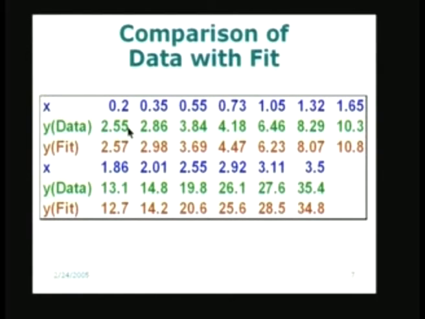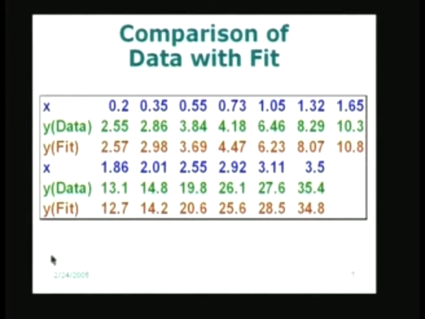And you can see that if you take a look at any of them, the difference between these two, 2.57, 2.55. Here 8.29, 8.07, and if you go here 35.4, 34.8, the difference between these values, the one shown in green data values, one shown in brown color, these differences are small, indicating that the fit must be a good fit.